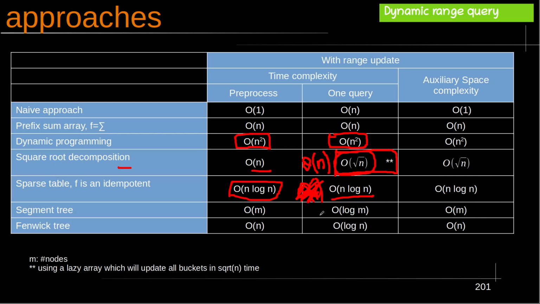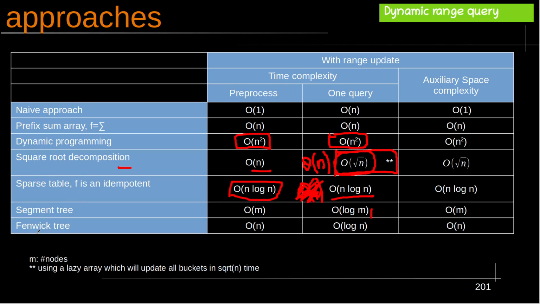If I update the original array, I can update the segment tree in the same time complexity, which means log m. So it's very great. Update and query, all in log m, the same as the static range query.